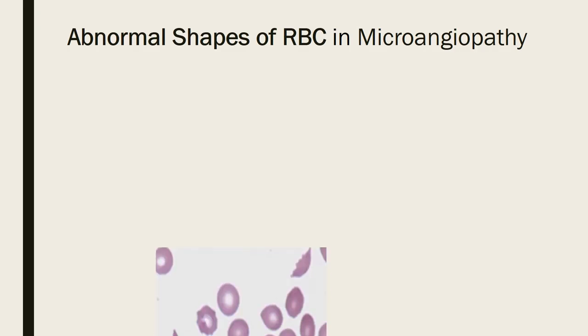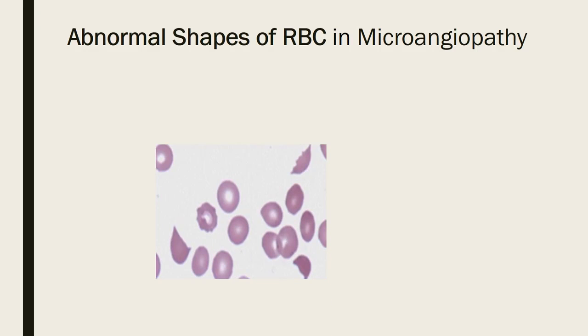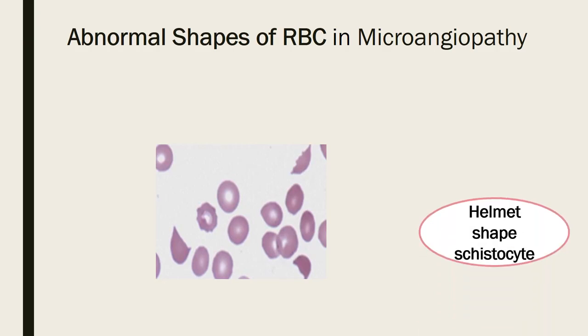In microangiopathy, example in DIC, HUS and TTP, fibrin strands are generated that sever the RBC as they try to move past a thrombus, and it creates the schistocyte.